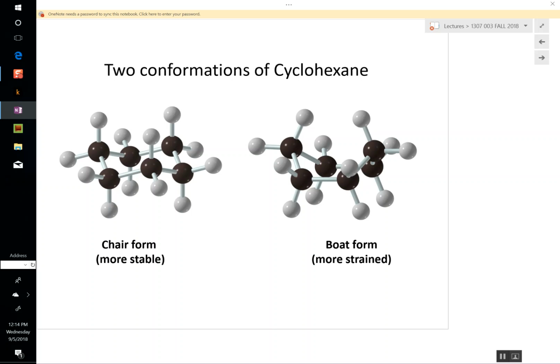Because this one, its IUPAC name is 2-methylpropane, but it has a nickname. This molecule has a nickname. It's also called isobutane. You can't figure out what that structure is by applying the IUPAC rules.